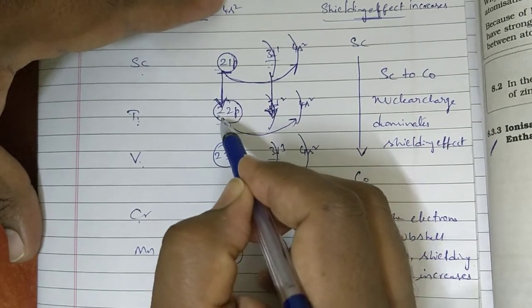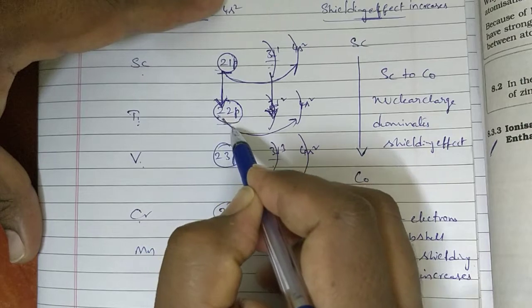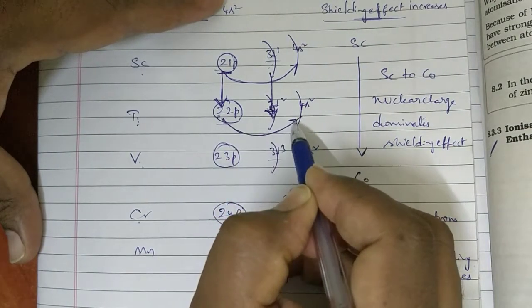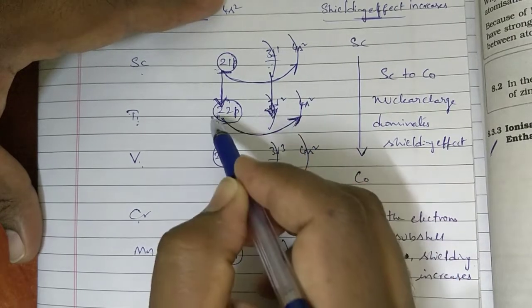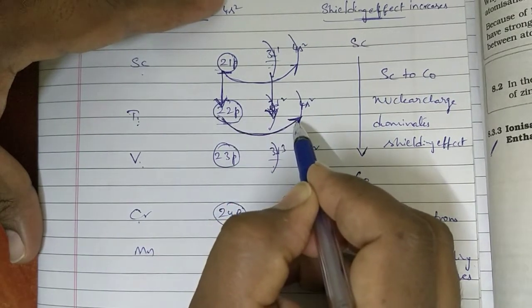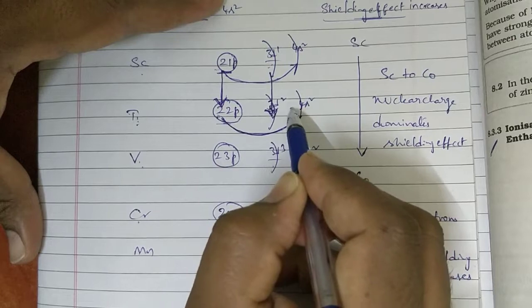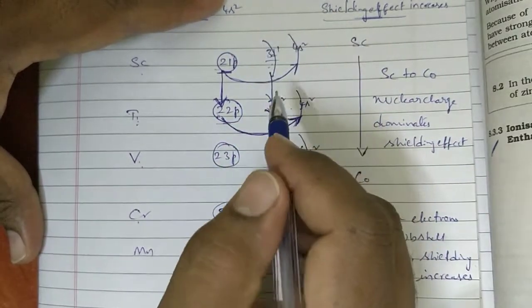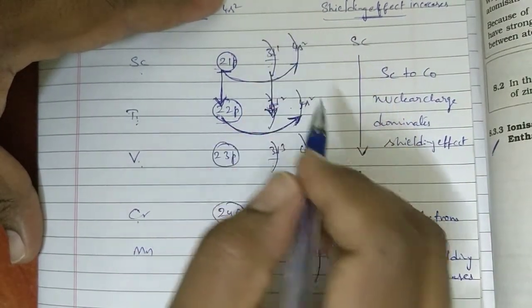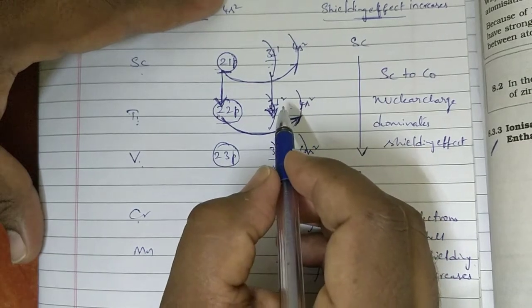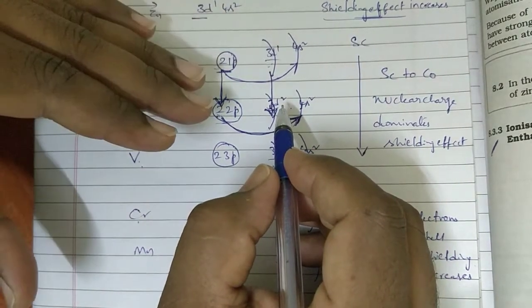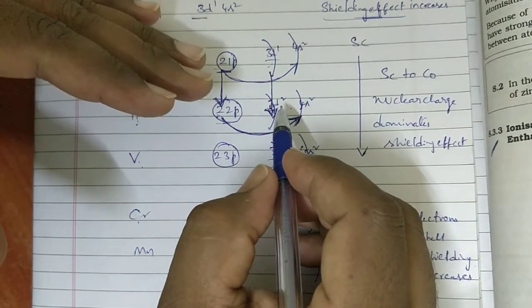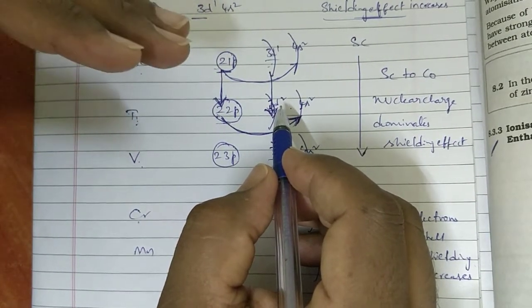Then this nucleus will hold the outermost electrons very strongly. When it attracts the outermost electrons strongly, these electrons slightly come closer. When they come closer, what will happen? Size of the atom decreases. That only happened. Scandium to titanium, size of the atom is decreased.